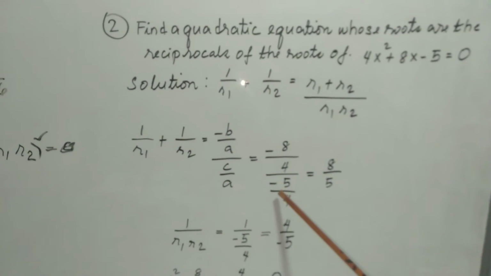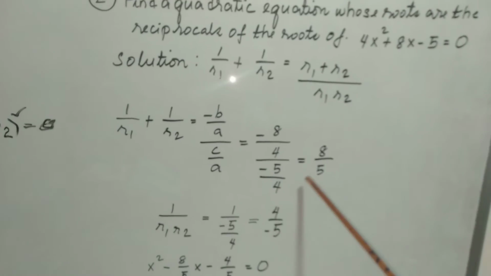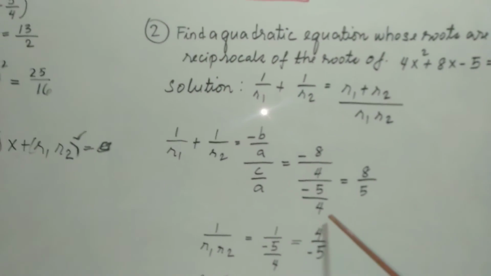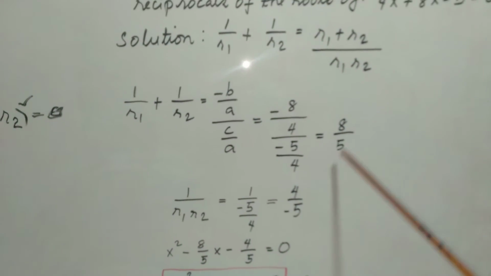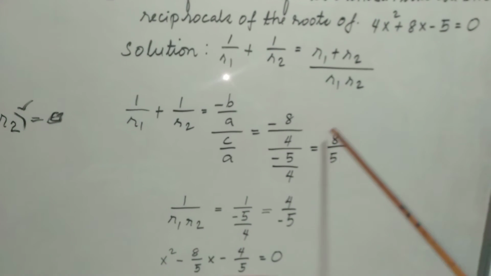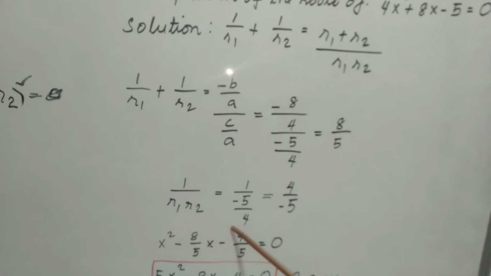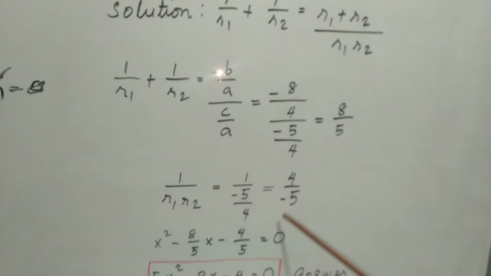Simplifying this fraction, a little complex fraction, we cancel out 4, we get 8 over 5, positive 8 over 5, since negative over negative is positive. 1 over r1 r2, the reciprocal of negative 5 over 4, is negative 4 over 5.